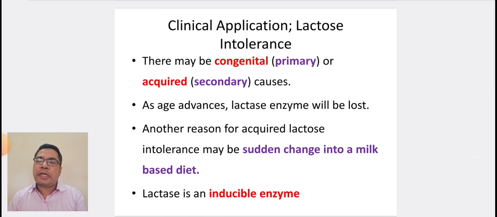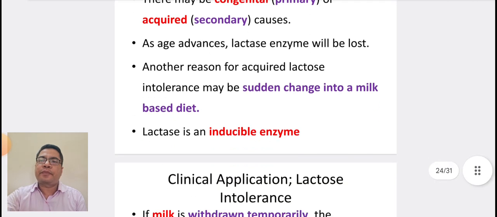There may be congenital, that is primary, or acquired, that is secondary, causes. As age advances, the lactase enzyme will be lost. Another reason for acquired lactose intolerance may be a sudden change to a milk-based diet. Lactase is an inducible enzyme.